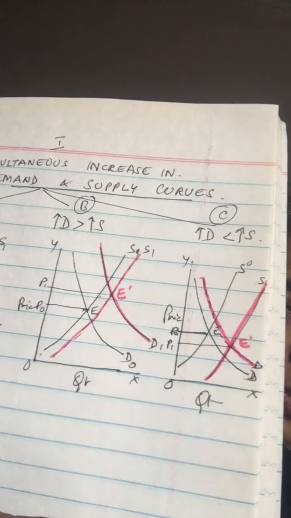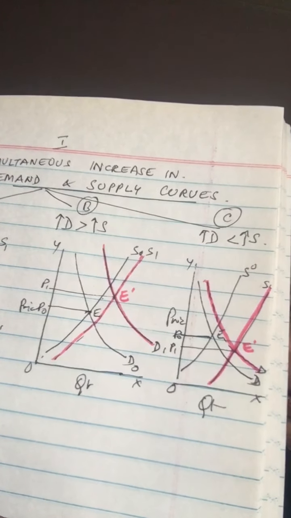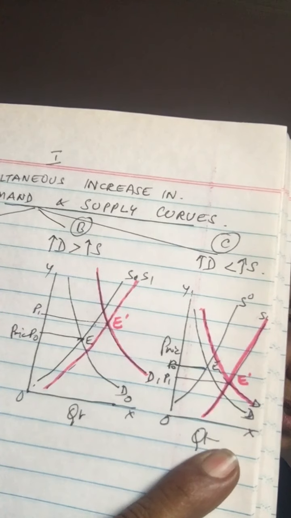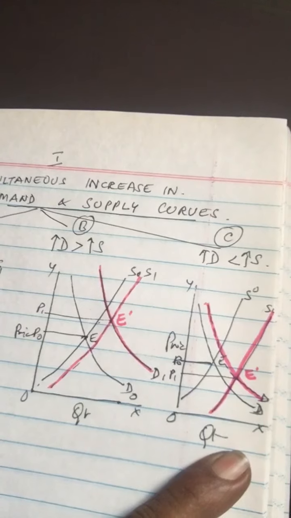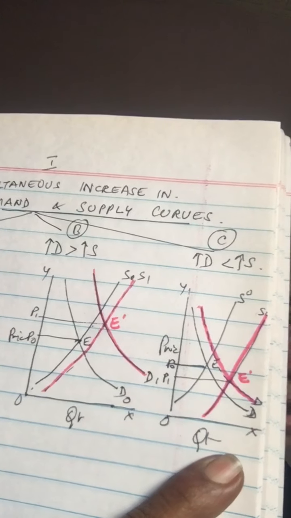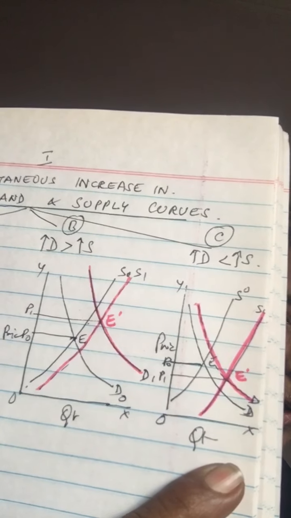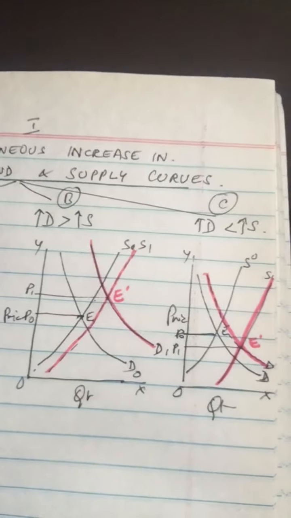And in the last we see that the increase in demand is less than increase in supply. So in this case, you see that the equilibrium price is less than the original, and of course the equilibrium quantity will be more, but we are going to discuss each of these situations separately.